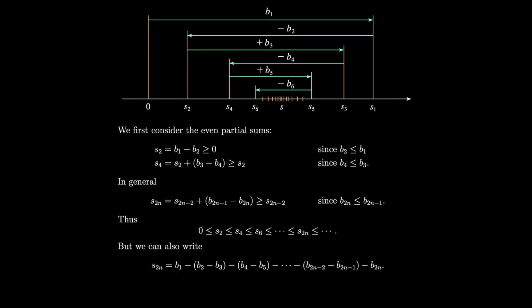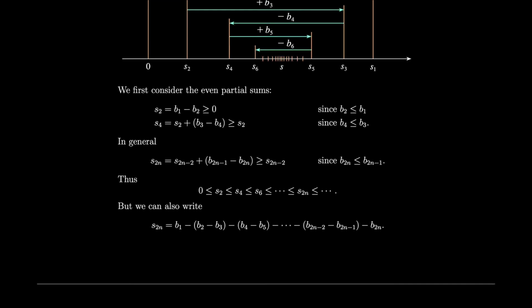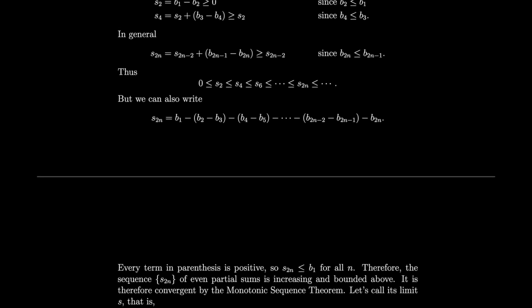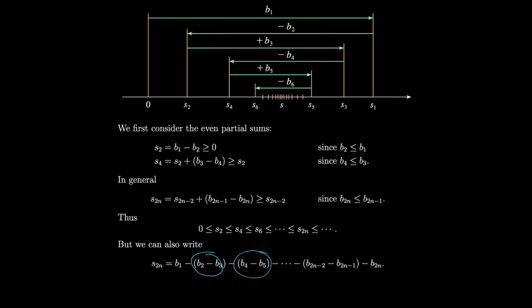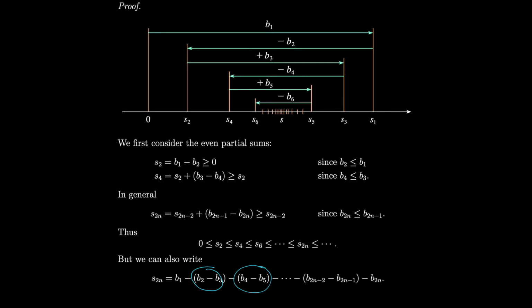That's exactly how we construct a partial sum, just adding up all the terms that came before. Notice that all of these terms in parentheses are differences, like B2 minus B3, and then this difference over here, etc.